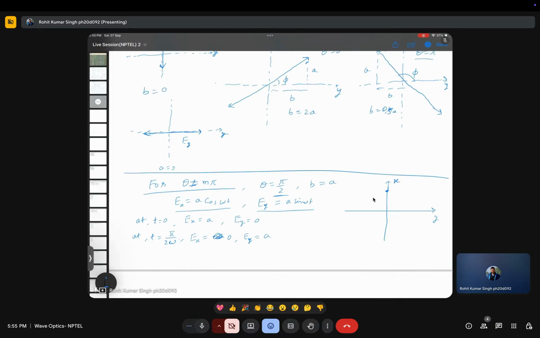So now you go here. From here you went here. Similarly, for the next time frame, which is pi by omega, you have cos pi, which is minus A, and Ey will be 0, so you go here.